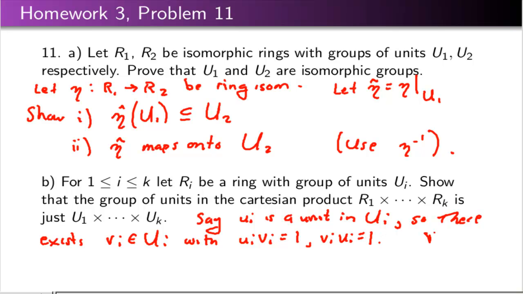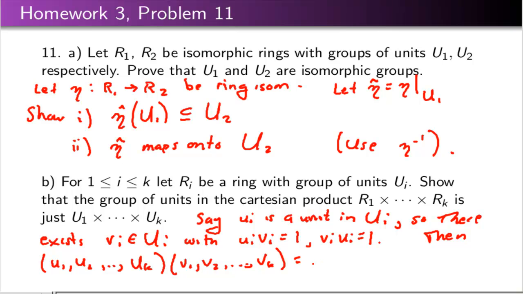Okay, then if you look at the Cartesian product, or the ordered tuple u1, u2 through uK, and you multiply that by v1, v2 through vK, what's the definition? The multiplication on a Cartesian product is just component-wise.